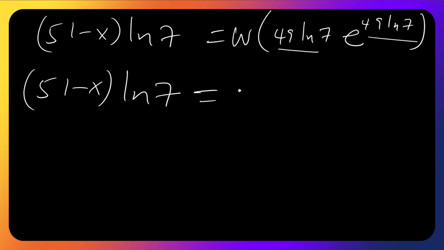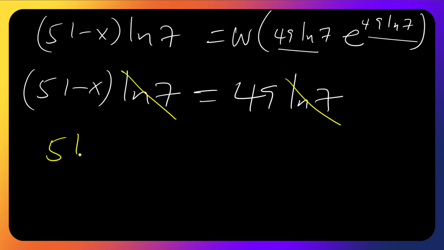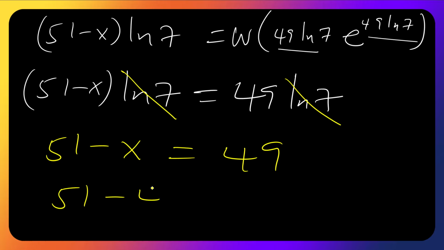The W function of this will be 49 ln of 7. So from here, this one will cancel this. I'll be left with 51 minus x equals 49. So 51 minus 49 is the same as x. So 51 minus 49 is 2, equals x.